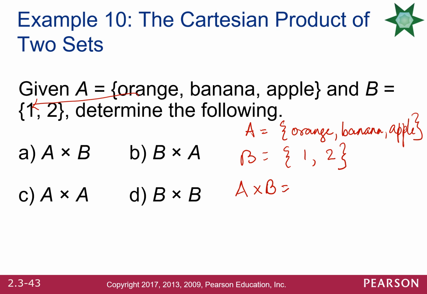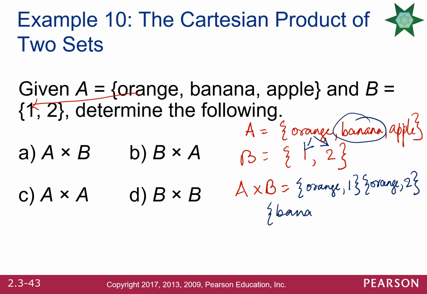We have to first combine orange with 1 and then orange with 2. So our ordered pair is going to look like orange, 1, and then orange, 2, right? And then we move on to banana and have another pair with bananas. Banana, 1, banana, 2.